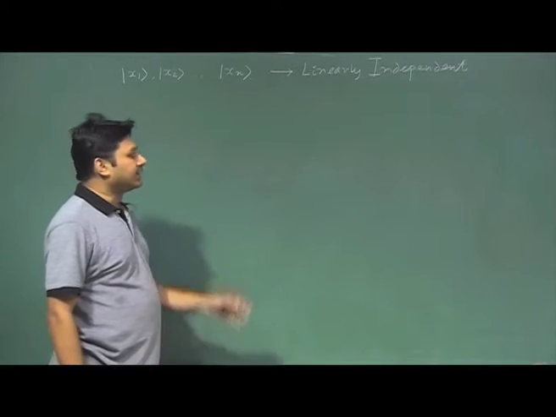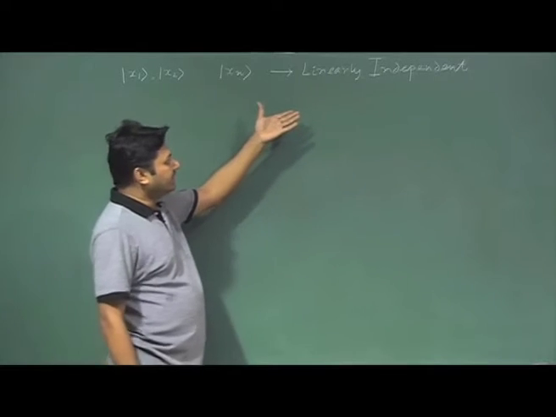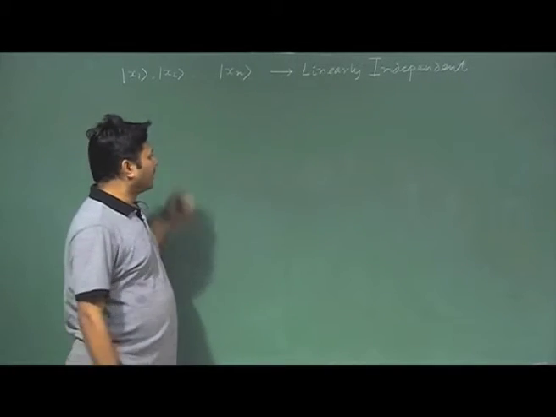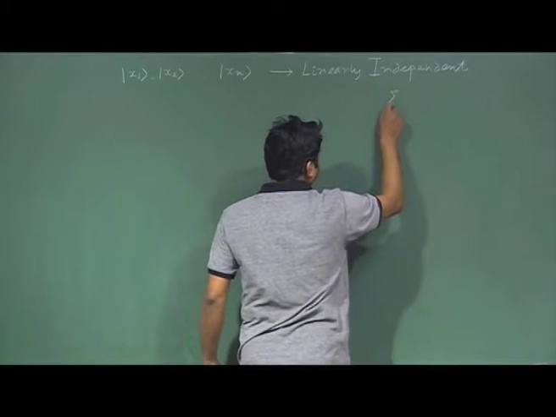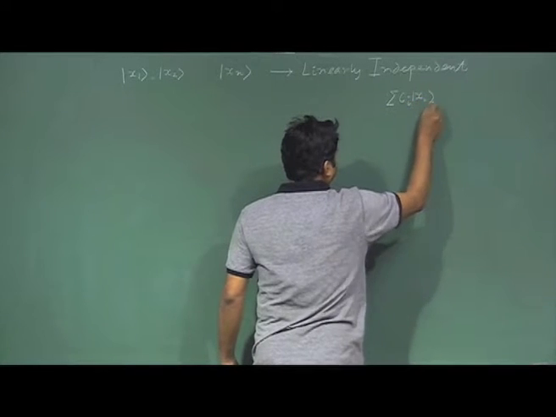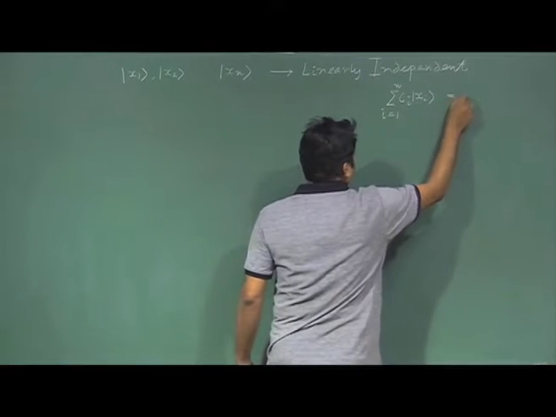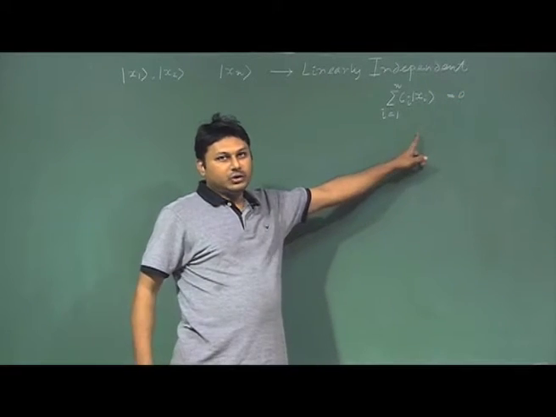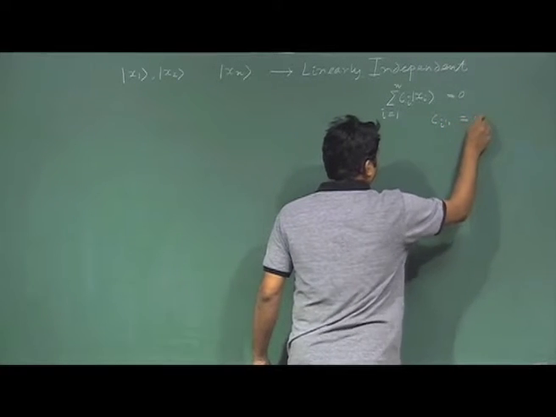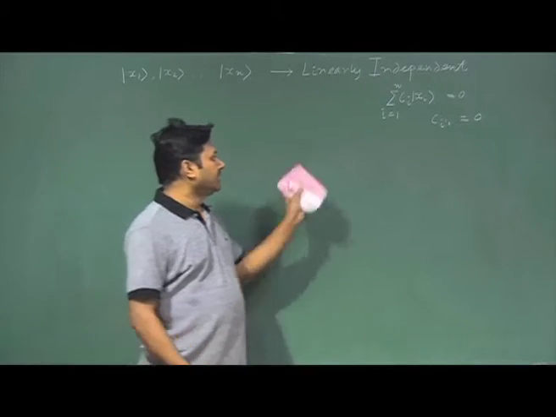So the problem is, a set of vectors is given to me, and also it is given that these vectors are linearly independent of each other. That means, let me remind once again, if I have an expression like this, the linear combination of the x i with coefficients c i equal to zero, the only solution for that is that the c i's are 0. It essentially means that these vectors are linearly independent.